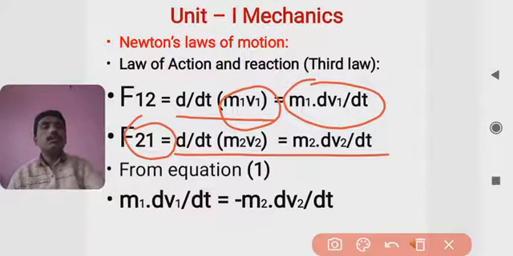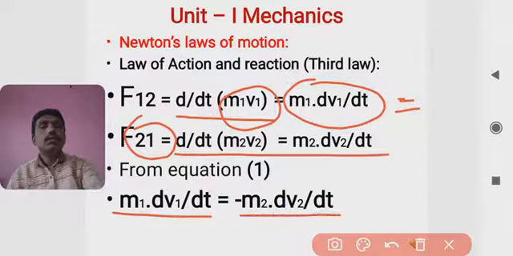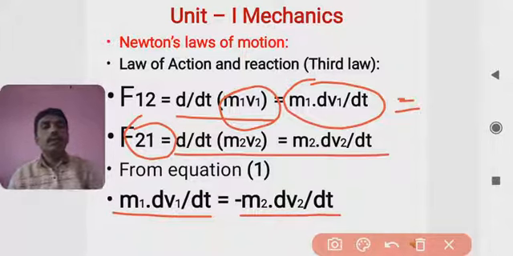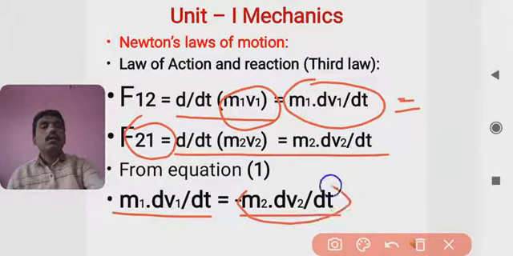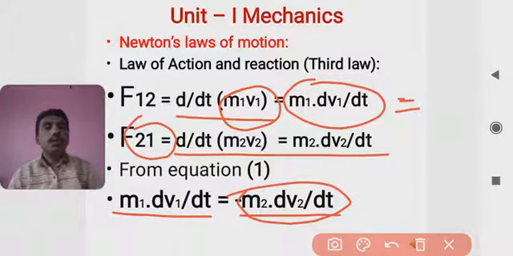But putting these relationships in equation number 1, both are going to be equal. So when f12 is equal to minus of f21, that is why I am writing m1 dv1/dt is equal to minus of m2 dv2/dt.